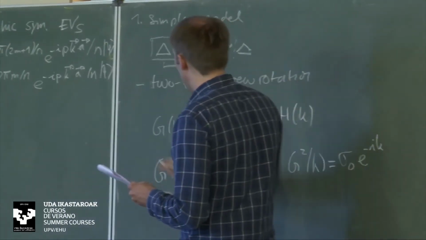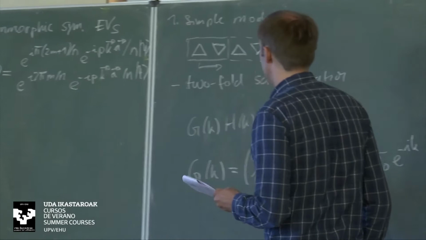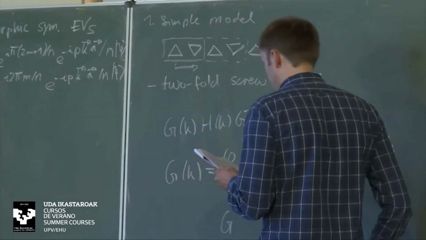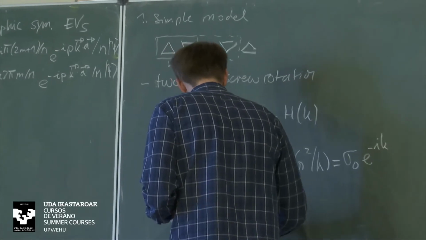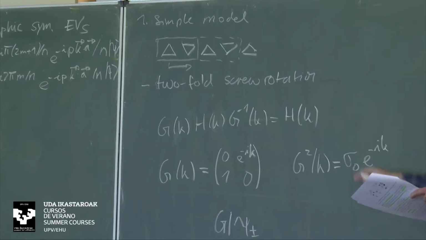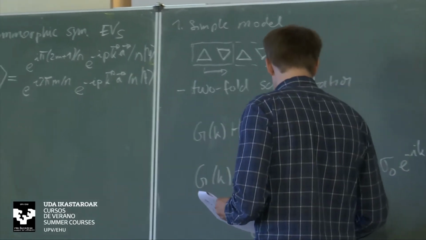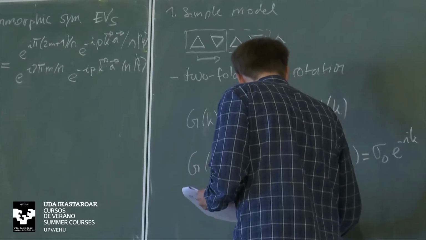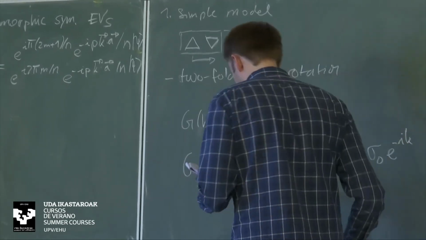And then, in consistency here with this formula, we therefore find that we can label the Bloch states by the eigenvalues. So we take the square root of this equation. So we get two eigenvalues, plus minus, and then the square root of this phase factor.